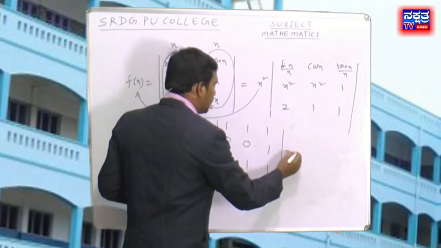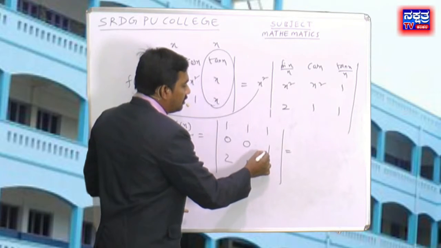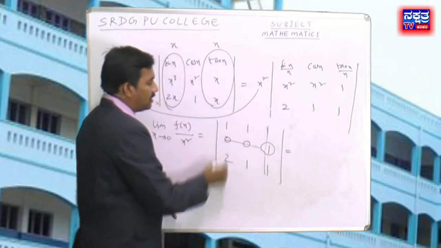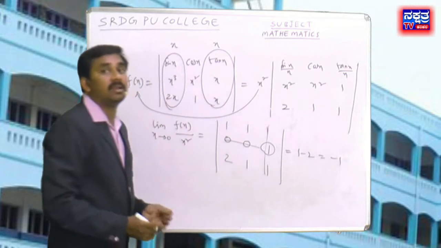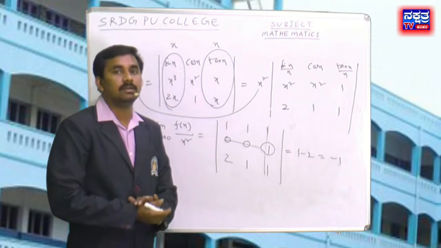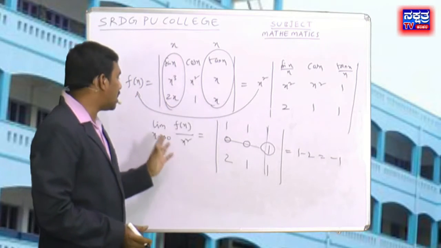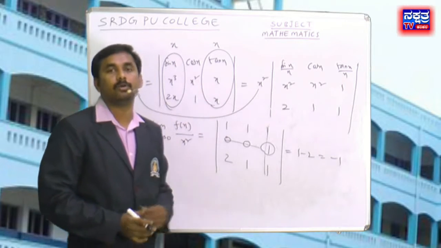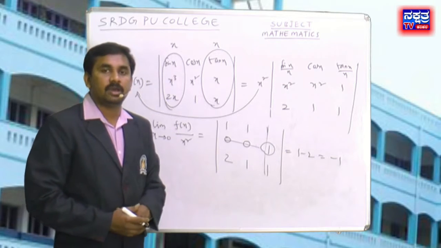Now if you solve this with respect to the second row, then taking this element, we will take out this one, 1 minus 2. So that equals minus 1. This is the determinant. If any function is given, applying limit x tends to 0 to each and every element is also one more possibility. So check it properly. We will see the next question.